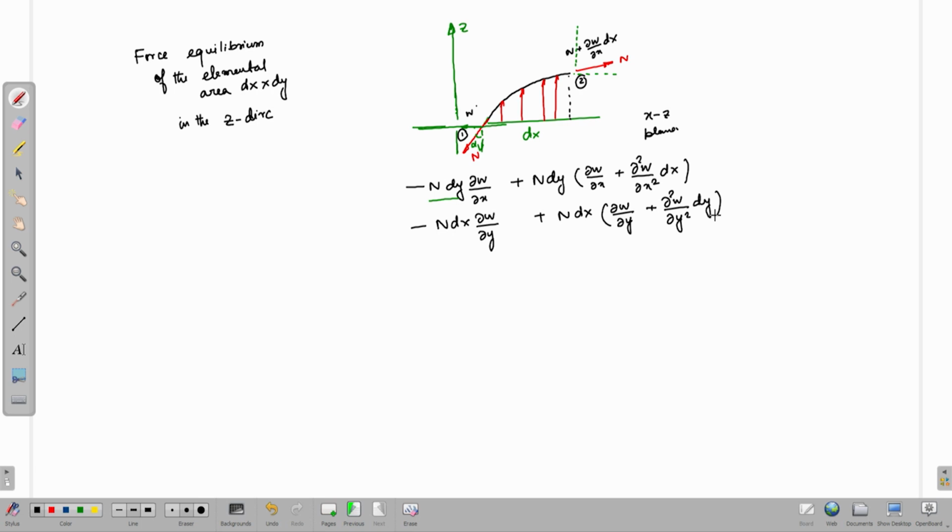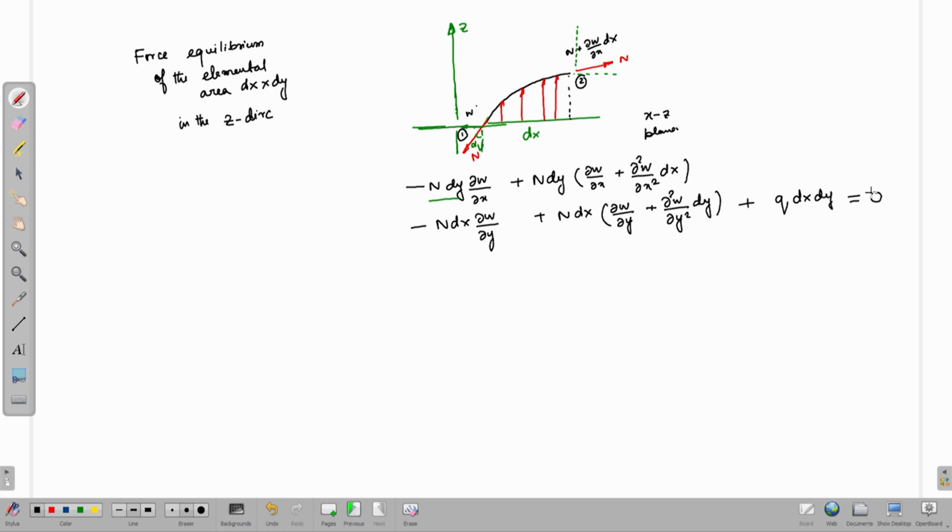So, these are the component of the N force, the boundary force N that is being applied. Apart from that, there would be Q which is acting per unit area into dx into dy. And this whole thing has to be equal to 0 for the equilibrium condition in the vertical direction.